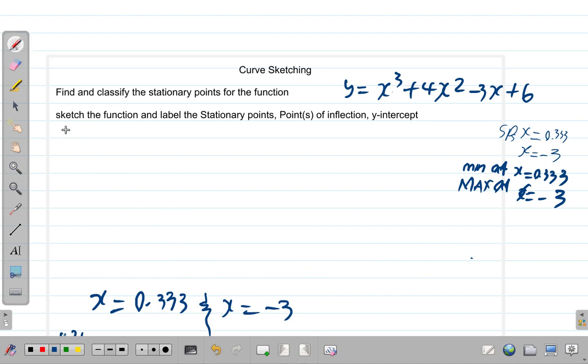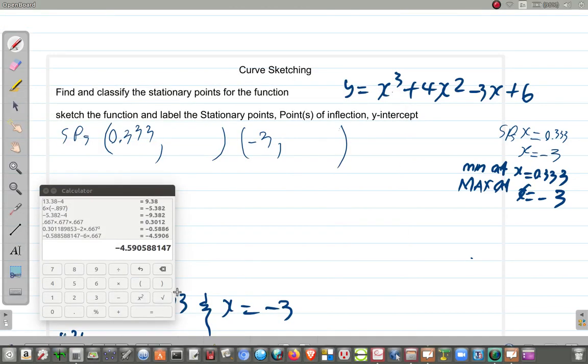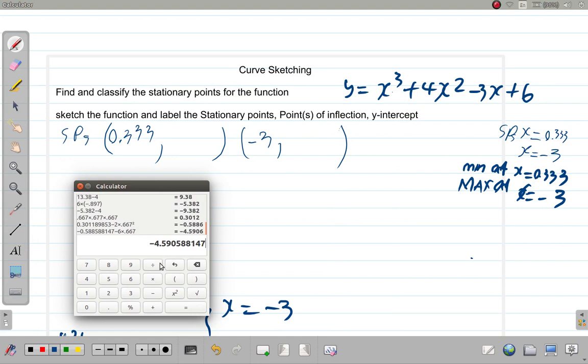So far we know that the stationary points are at 0.333, comma, something else. We want the full coordinates. The other one is at -3 and somewhere else. So in this case, when x is 0.333, what is y? Let's use our calculator, because what we know already is the x value where the stationary point is located.